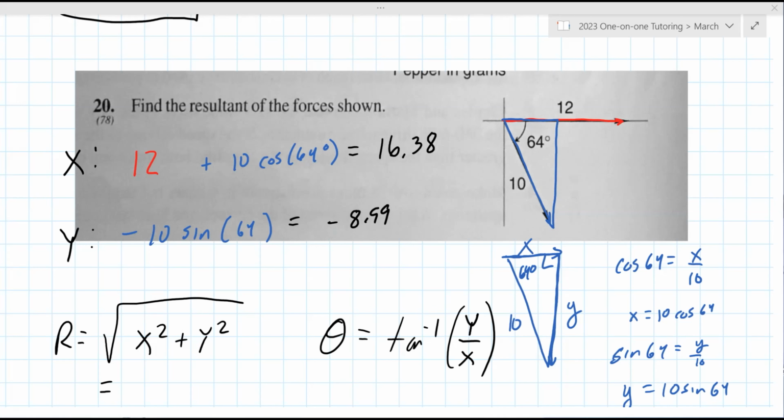Okay, 18.68. Yes. And then the angle, one more time.